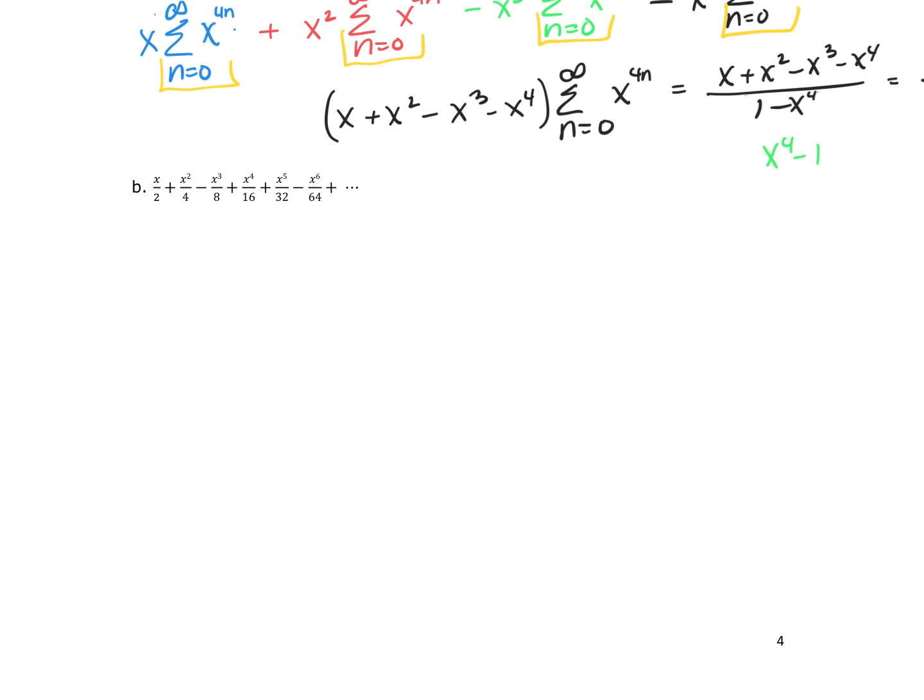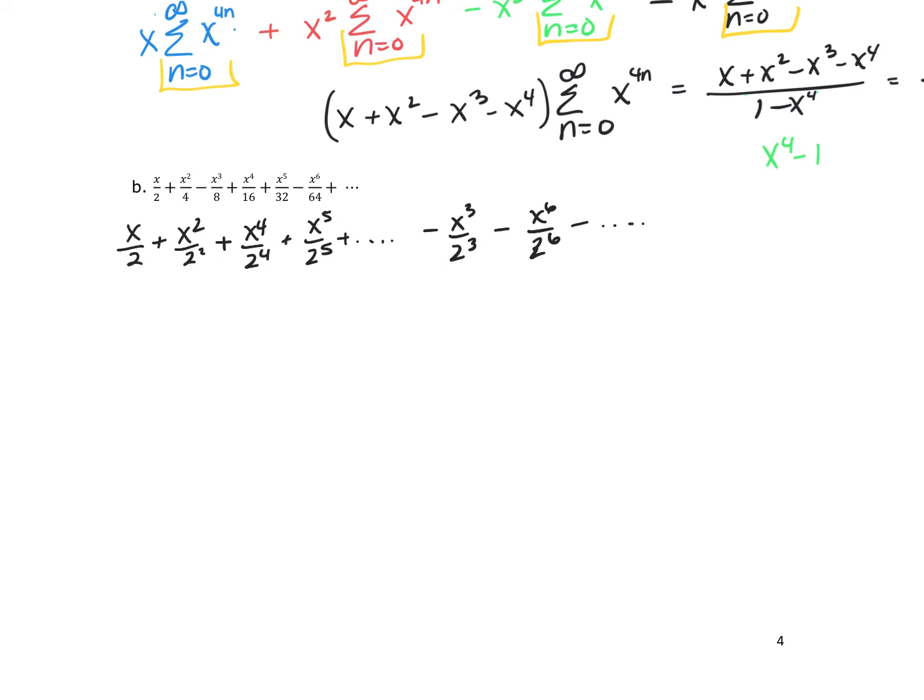So, if I start with x over 2 plus x squared over 2 squared, because that's what 4 is, plus x to the 4th over 2 to the 4th, plus x to the 5th over 2 to the 5th, plus dot, dot, dot, minus x to the 3rd over 2 to the 3rd, minus x to the 6th over 2 to the 6th, minus dot, dot, dot.